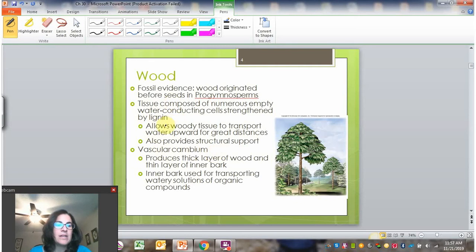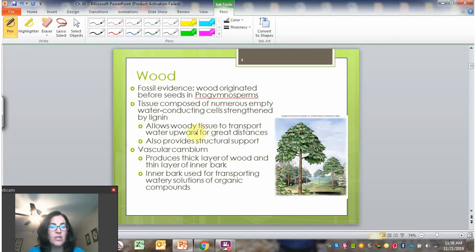So wood is, like I said, a specialized tissue. It's not just a tree trunk. It contains water-conducting cells. It has lignin. So those allow the water to be transported long distances. If you're thinking about a tree that's hundreds of feet tall, it has to move water from the roots all the way to the top.